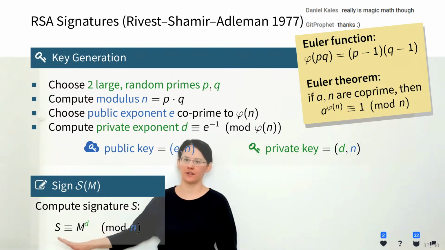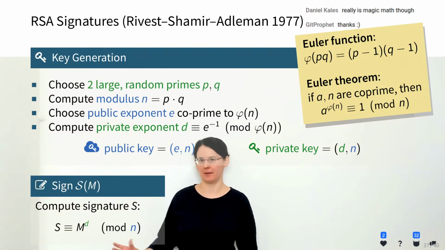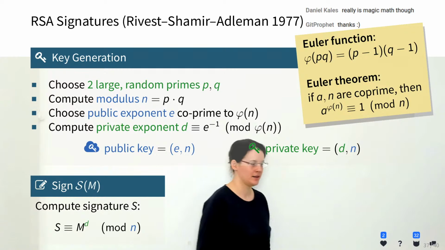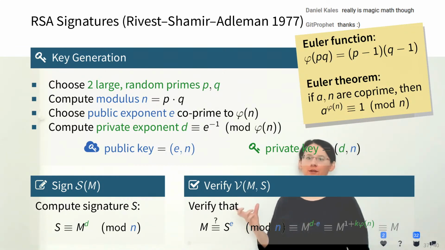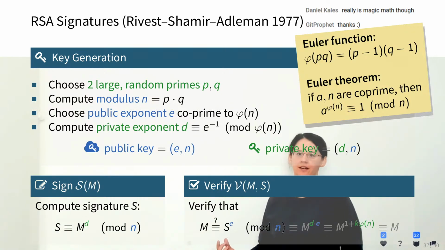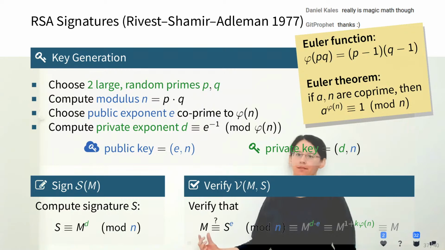So in particular, you notice that the signature will have the same size as the message, namely the size of the modulus. And the verification looks exactly like the previous encryption functionality, meaning that whoever wants to verify that the message and the signature fit simply takes the signature, exponentiates it with the publicly available key, meaning everybody can do this, and checks whether the result matches the message.